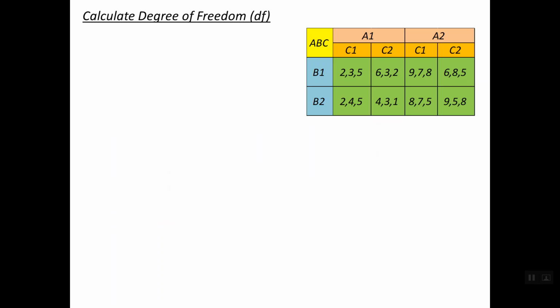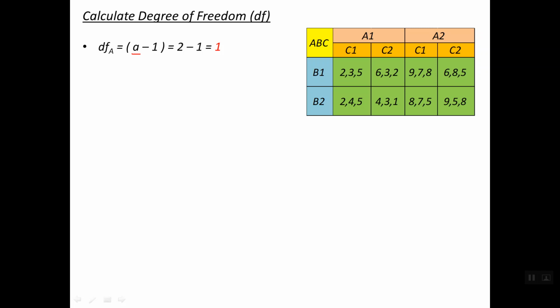So first we need to calculate the degree of freedom. For factor A, we have two levels for this factor. So A is equal to 2.